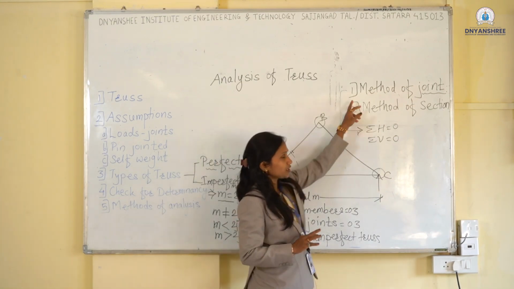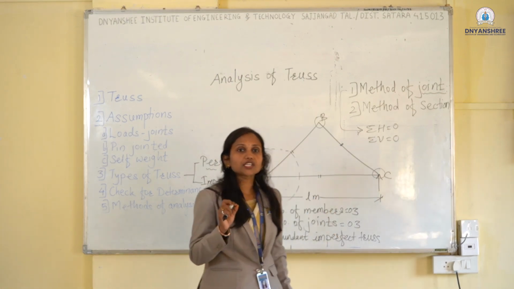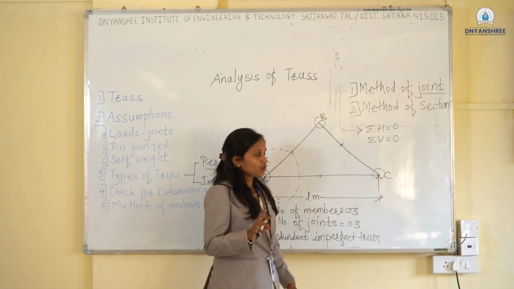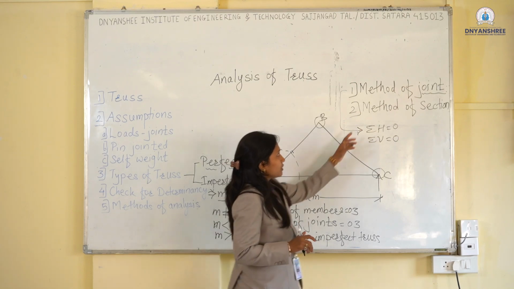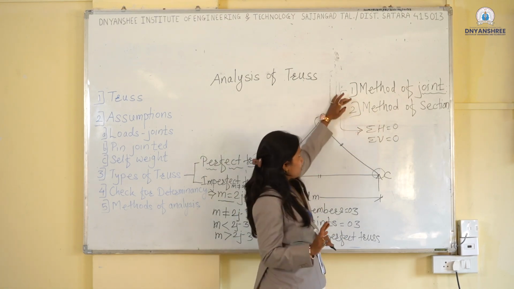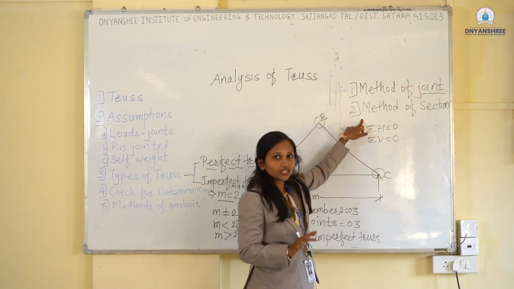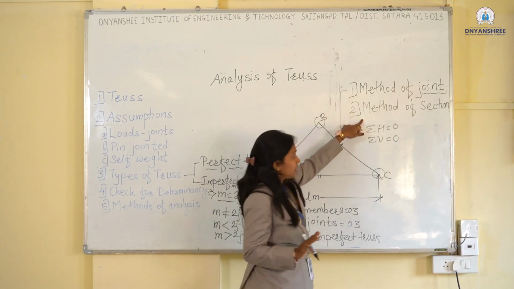In the method of joint, you have only 2. Select a joint which has at most 2 unknown members. So a maximum of 2 unknowns are allowed in the method of joint, and in the method of section a maximum of 3 unknowns are allowed.